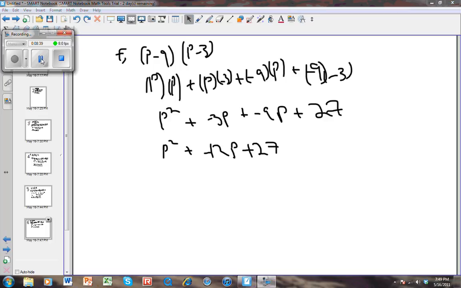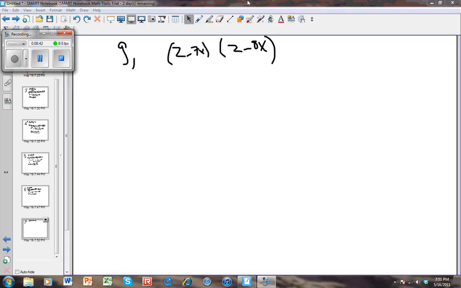All right, so G. This one's starting to get a little bit different. Instead of one variable here, we've got 2. So basically we're going to do the same thing. We're going to do z times z, z times negative 8x, negative 7x times z, and then negative 7x times negative 8x. I'm going to pause this to FOIL it because there are a few more steps.